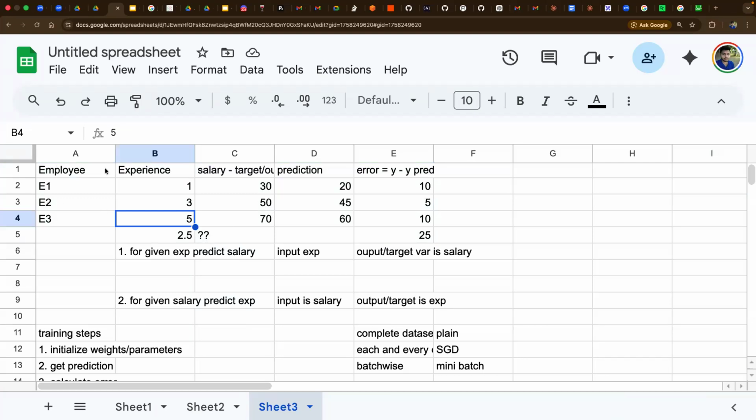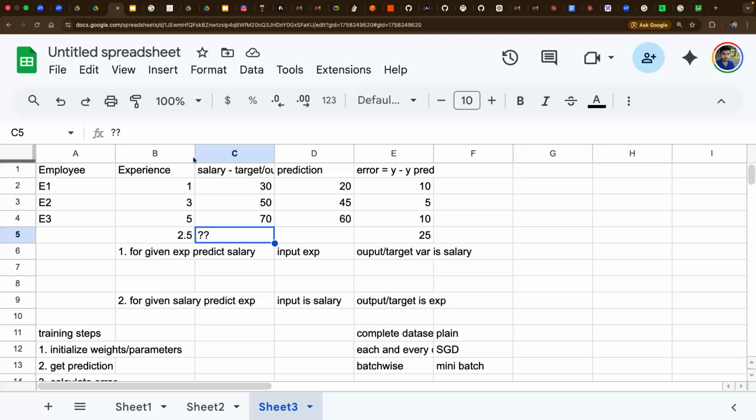If this is the data set you have, then your aim here is to answer a query, or predict for a given experience what would be the salary of the employee. This is the problem statement. Then obviously column C would be the output or target variable that you will consider as the output variable. That is the problem statement here.